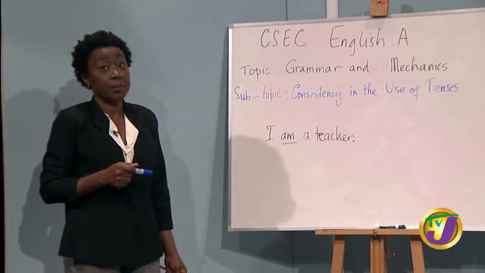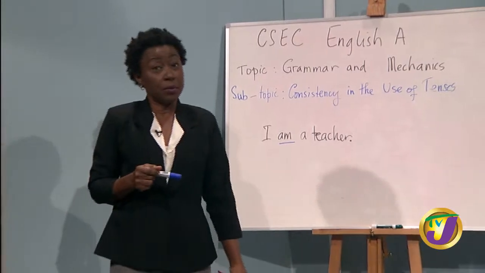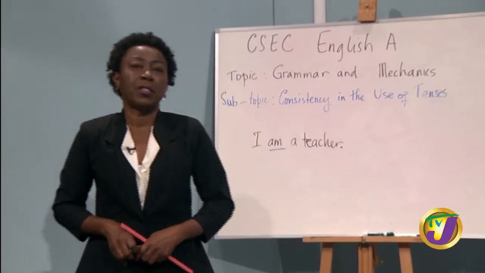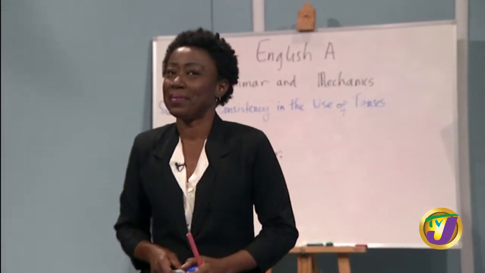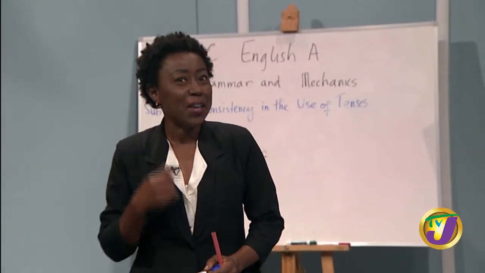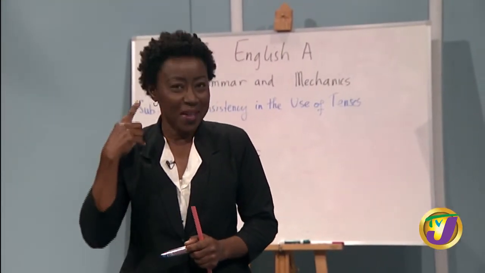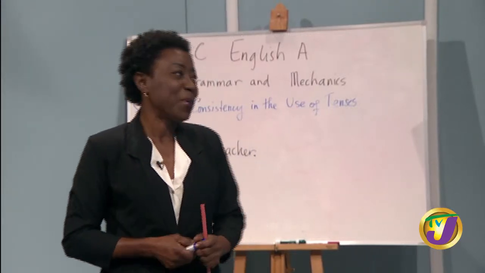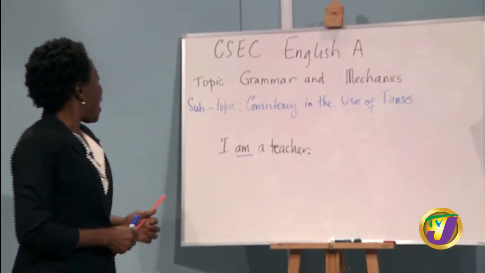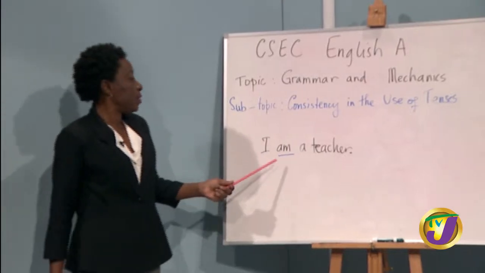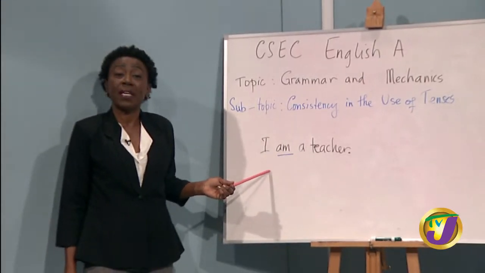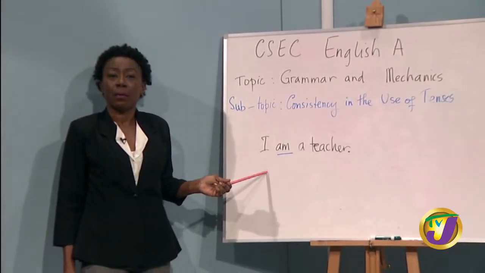Are you paying attention? Yes? How do you pay attention? Look with your eyes, listen carefully, and think. Very good. Okay, then. So I am a teacher. This tense is the present tense being.